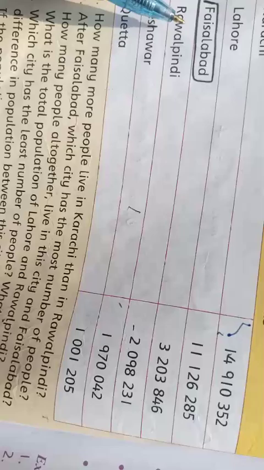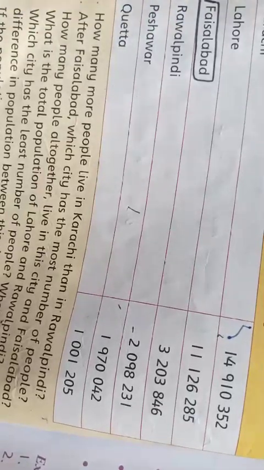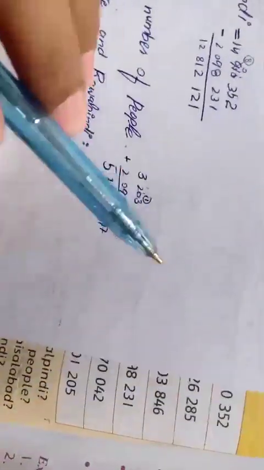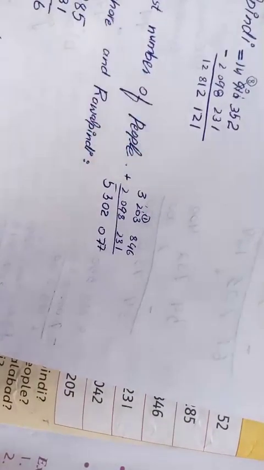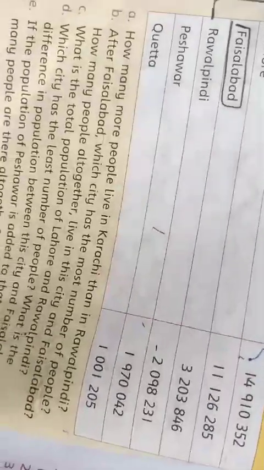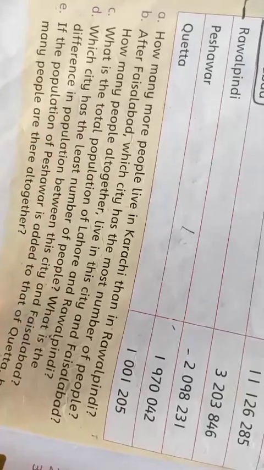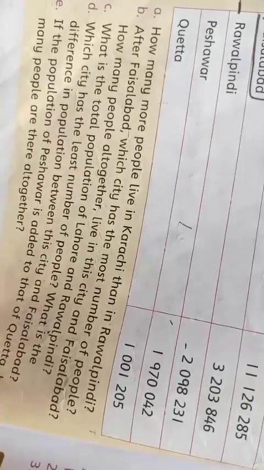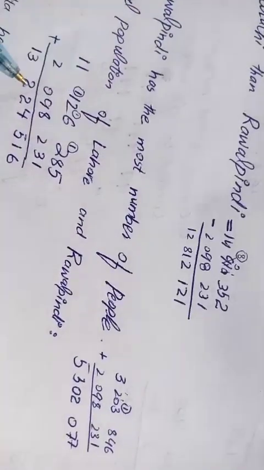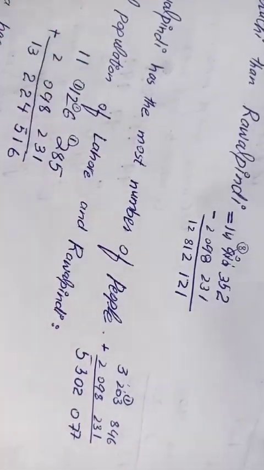So we add these two numbers and we get the answer. Next question is, what is the total population of Lahore and Rawalpindi? How do we find the total population? It's very simple. We just add the population of Lahore and Rawalpindi like this one. Okay, we get an answer.